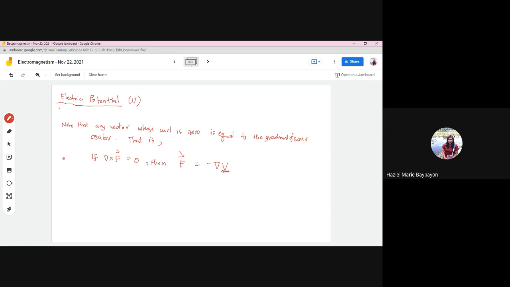Okay. And then also take note that the line integral of the electric field is path independent, meaning to say it is conservative.